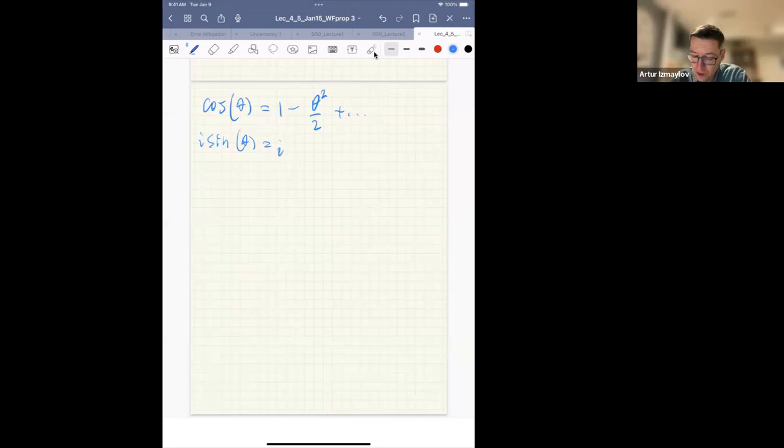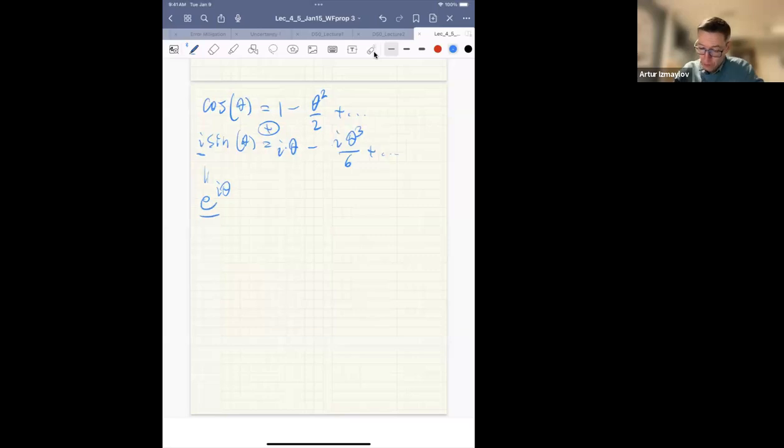Sine starts with theta, with an extra i here, minus i theta cubed over 6, and so on. If you sum this series, you're going to get the same series as for the exponent of i theta. That shows that exponential of i theta can be written as cosine plus i sine.